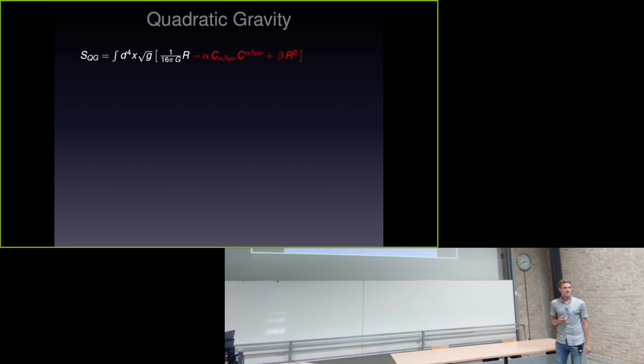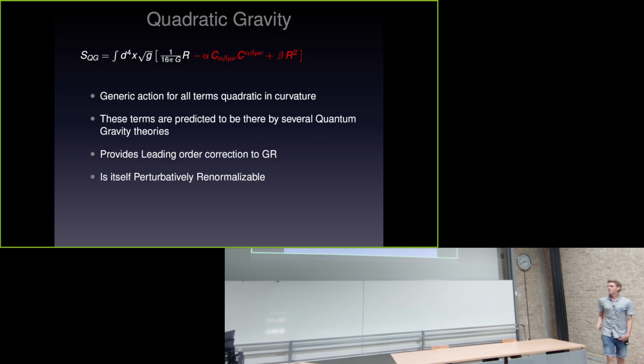Okay, so what we want to do is study black holes or compact objects from the viewpoint of quadratic gravity. And the reason I want to do this is because, clearly for these supermassive black holes, we are in the classical regime, and we want to investigate what happens if we deviate from GR. And the reason I pick quadratic gravity, there's quite a bunch of motivation for it, but for me, the most important reason is that several quantum gravity theories predict the presence of these terms, quadratic in curvature, in the action as a low energy correction.